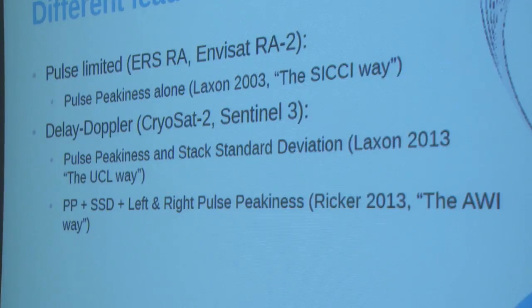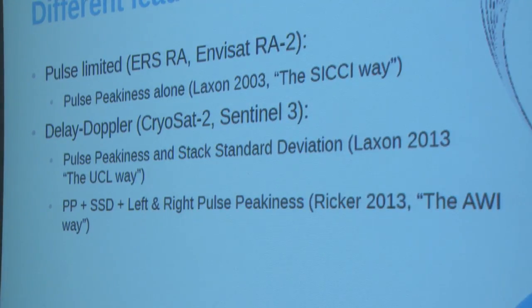With delay Doppler altimeters, so if you increase the resolution along track, this is what Noel mentioned earlier today, if you do the delay Doppler processing, you will get a side product called stack standard deviation, which is very convenient in the lead floe distinction algorithm.